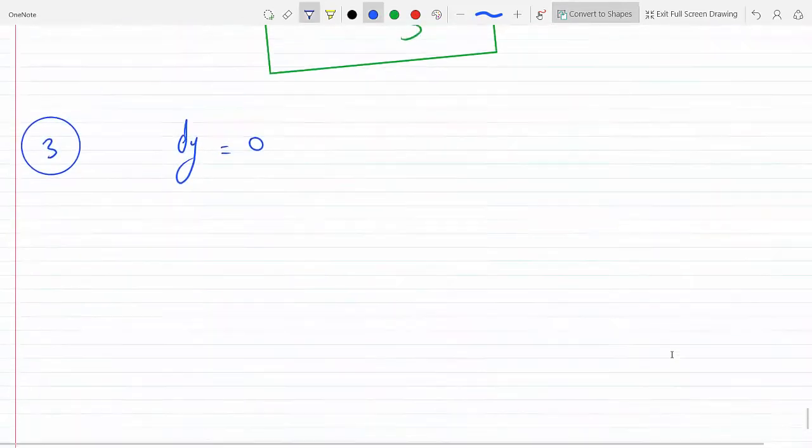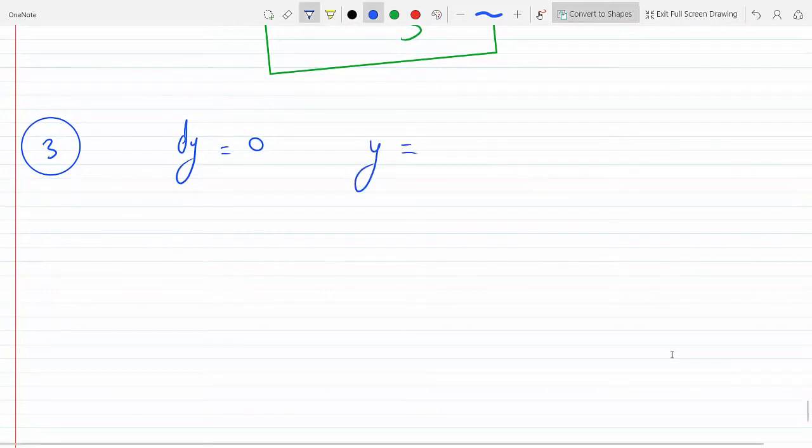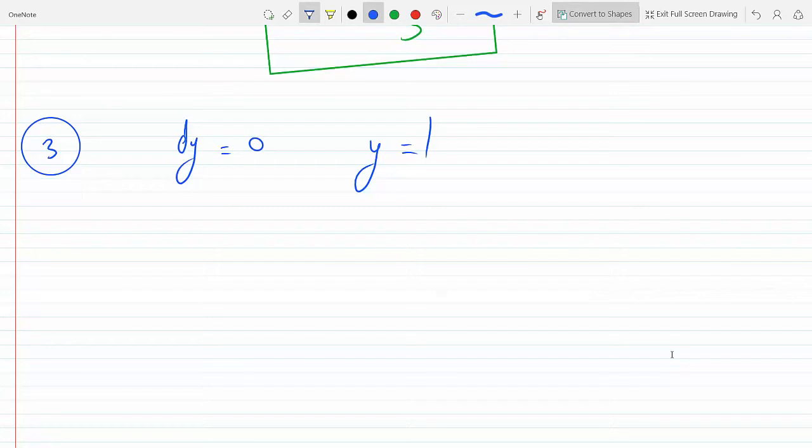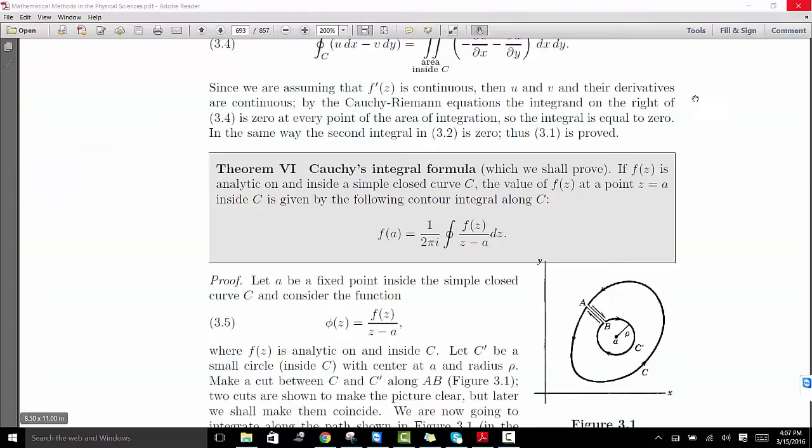And we know that y is 1 horizontally because we're at y equals 1. Remember, the y is just the imaginary part of the function. That's why I didn't take the i with it. It's x plus iy. Yeah.